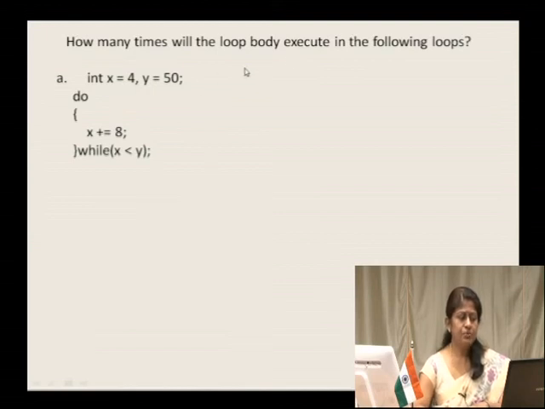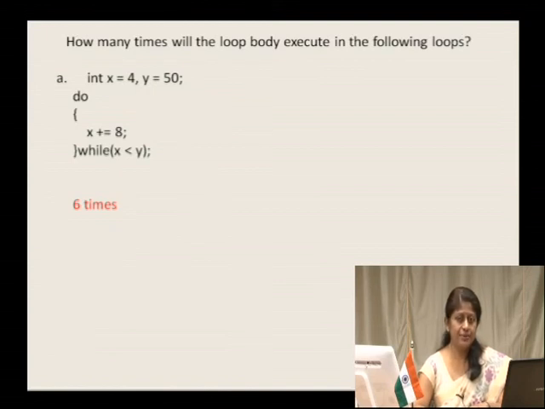And how many times will this loop body execute in the following loop? You have the value of x is equal to 4 and the value of y is equal to 50, and every time within this do while loop we are incrementing the value of x by 8. How many times do you think this is going to be executed? It is going to be executed 6 times. How do you justify that?